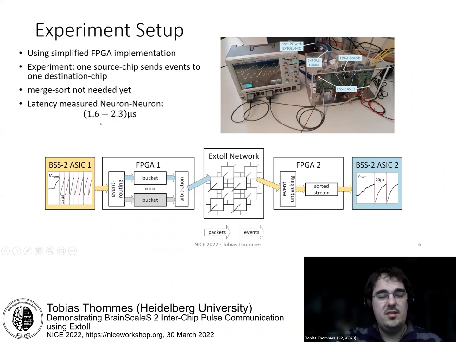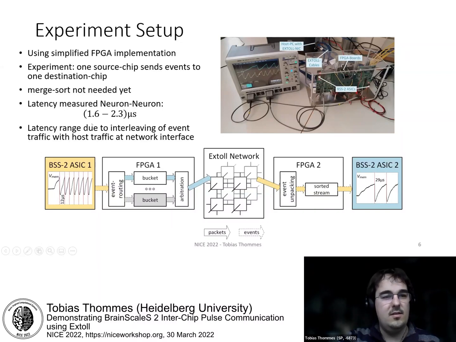With this setup, we measured neuron to neuron latencies across the network from chip to chip of between 1.6 and 2.3 microseconds, which is of course quite large compared to the 150 nanoseconds, but you have to take into account that there are 2 chip links and FPGA implementations in between. So it's quite understandable that this is more. The latency range here is due to the interleaving of event traffic with host traffic at the network interface.